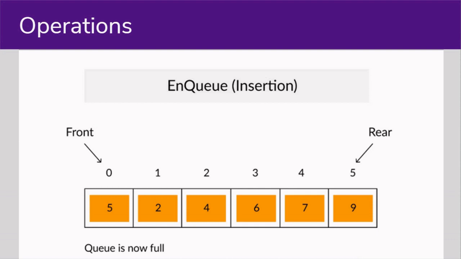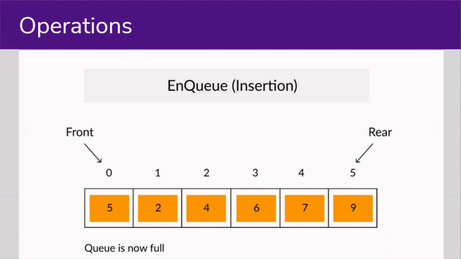What is rear now? Rear is 2, that is queue of 2 would get assigned the user inputted number. So first rear would point to the second position, and after that data would be inserted at the second position. By repeatedly performing the enqueue function, we reach the condition where our queue is full.